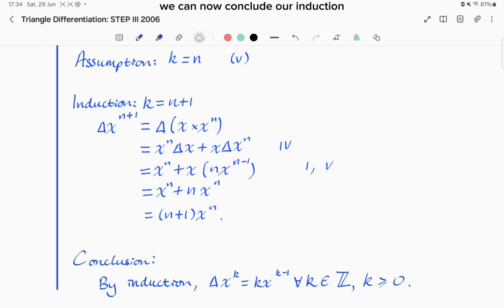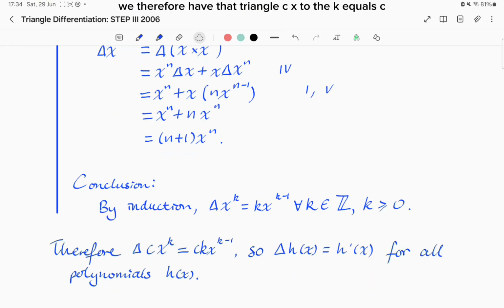We can now conclude our induction and say that by induction, triangle x to the k equals k times x to the k minus 1, for k a non-negative integer. We therefore have that triangle cx to the k equals ckx to the k minus 1. So triangle h of x is equal to h primed of x for all polynomials h of x.